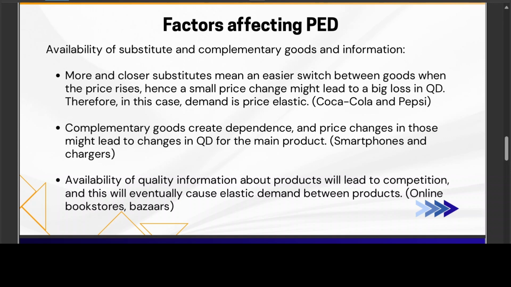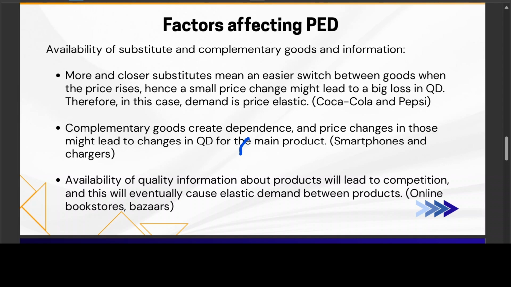Let's say the price of the chargers decreased a lot, and in that case people might start buying more smartphones because the overall price of those two products decreased, and now people can afford more. That means it can create some special cases for the PED. However, it can only be detected in the case of context.